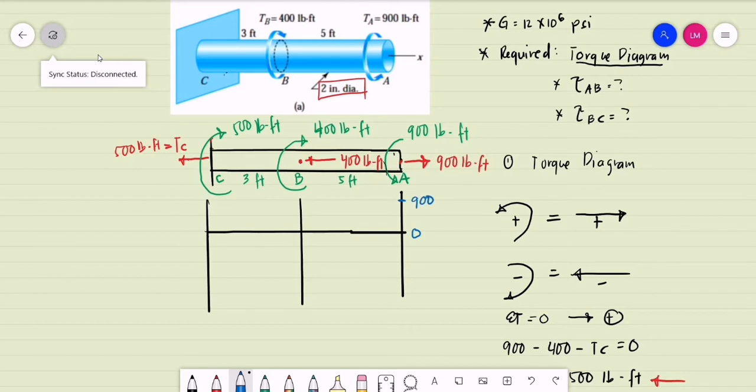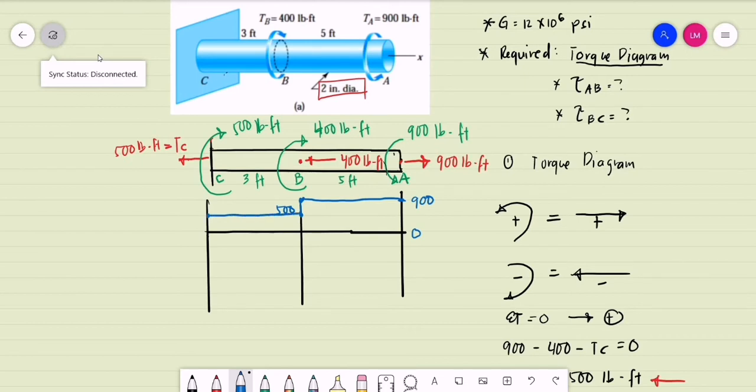So 900, that is a constant value up to point B. Then at point B, we have a torque of 400 to the left. So we are to do the summation of torques. 900 minus 400 will give us a value of 500. Then 500, a constant torque up to point C.